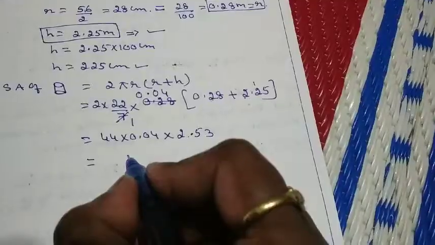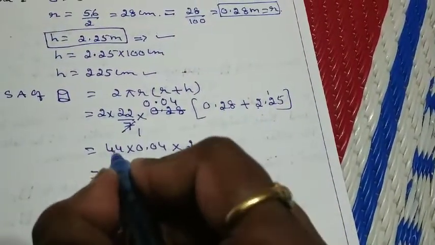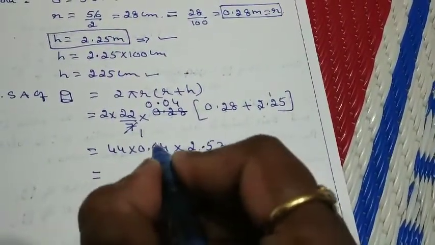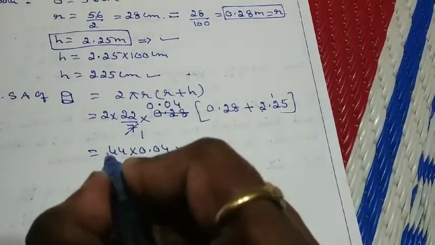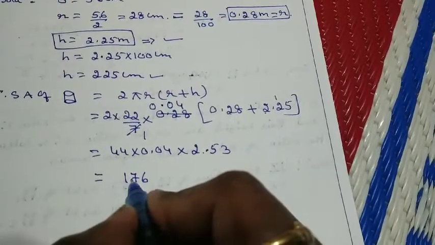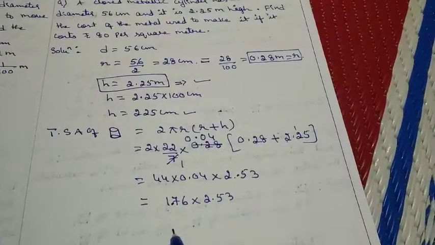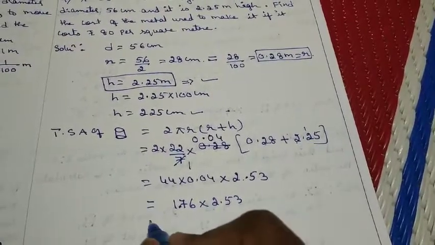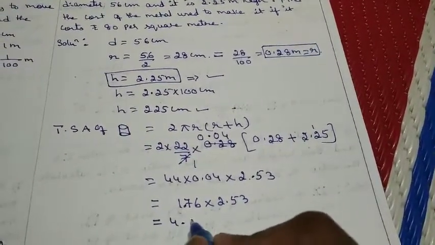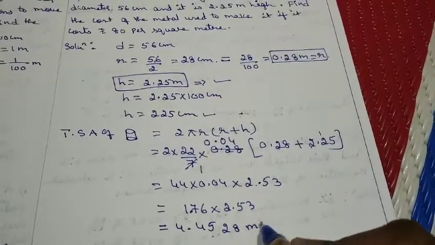Now multiply all this. So first let me multiply 44 into 0.04, 4 fours are 16, 4 fours are 16 plus 1, 17, but after the point we have 2 digits, so 1.76 into 2.53. Now the multiplication of these two is 4.4528 meter square.